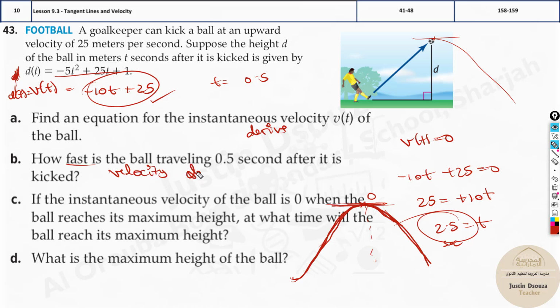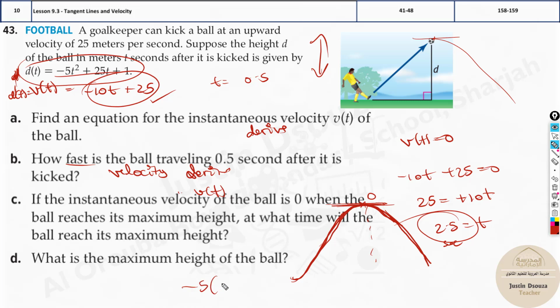Over here it's again derived. Now instantaneous velocity, v of t, derived equation. What is the maximum height? Height is basically static, it's not changing, right? That is the given one, distance. So here, whatever time you got at the maximum height, substitute it over here and find the distance.